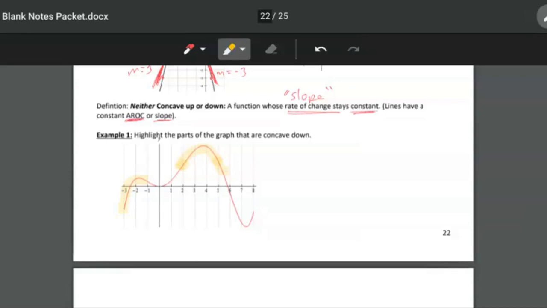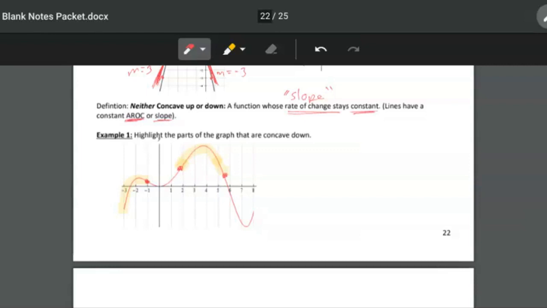So I think the highlighted parts are cupping down. The non-highlighted are cupping up. And you kind of just have to eyeball it. There's not really a way to know for sure exactly where it stops. If you highlighted a little more or a little bit less, that will be okay. I'm truly just estimating where it changes.